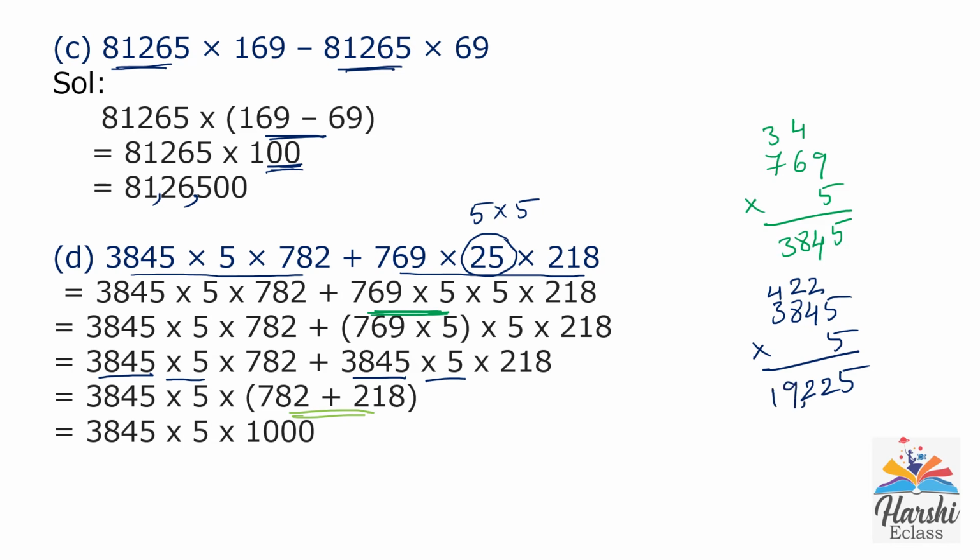We will get 19,225. When you multiply 3,845 with 5, we will get 19,225. Multiply with 1000. Write the given number as it is and add 3 zeros at the end of the number. So it will be 1 crore 92 lakh 25,000.